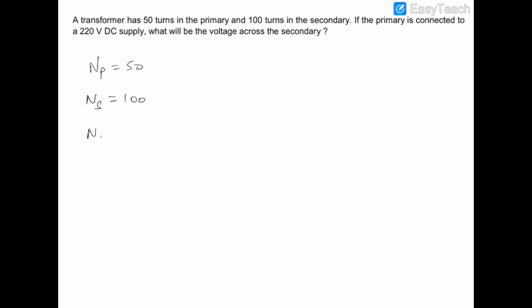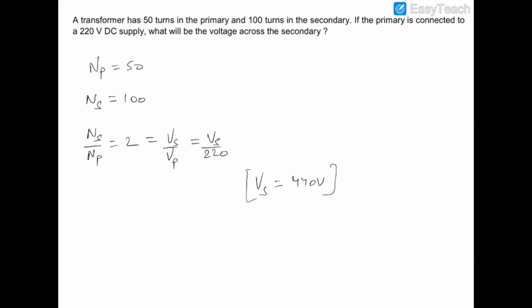Now Ns upon Np is equal to 2 and this is also equal to Vs upon Vp. Now Vp is given as 220 volts. So Vs upon 220 is equal to 2 and therefore Vs is equal to 440 volts.